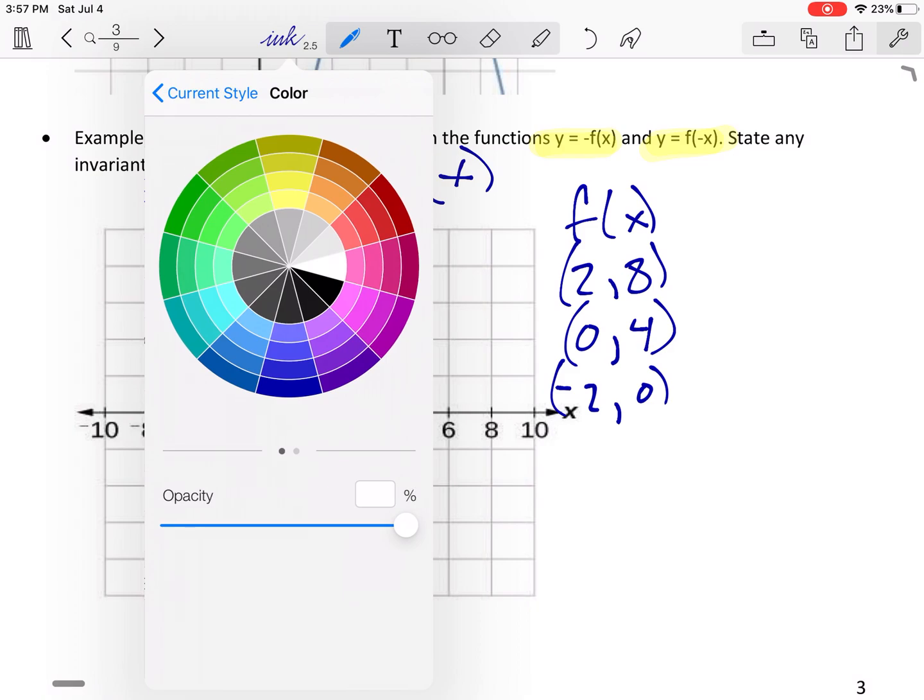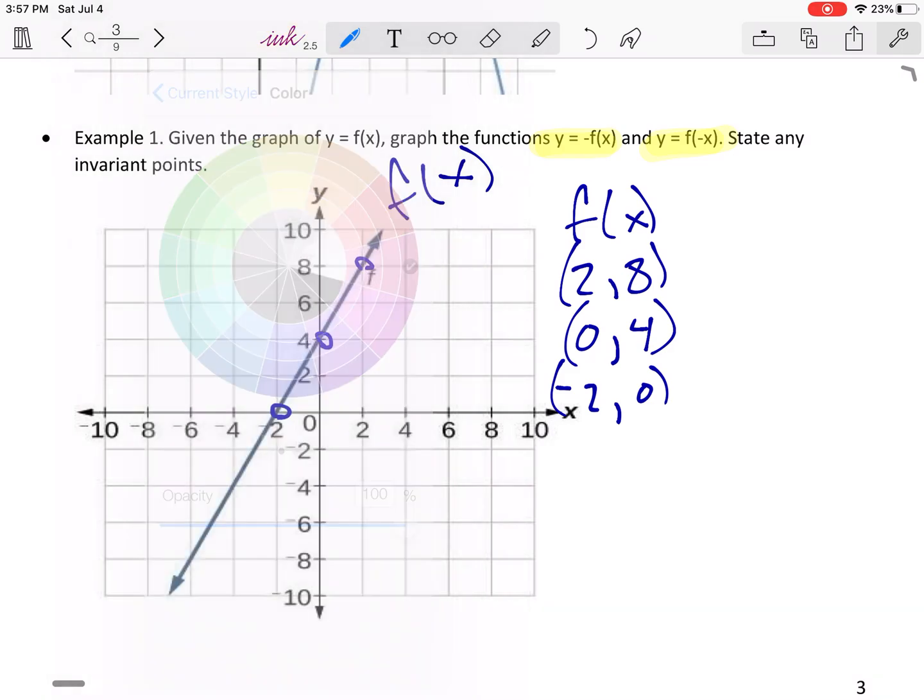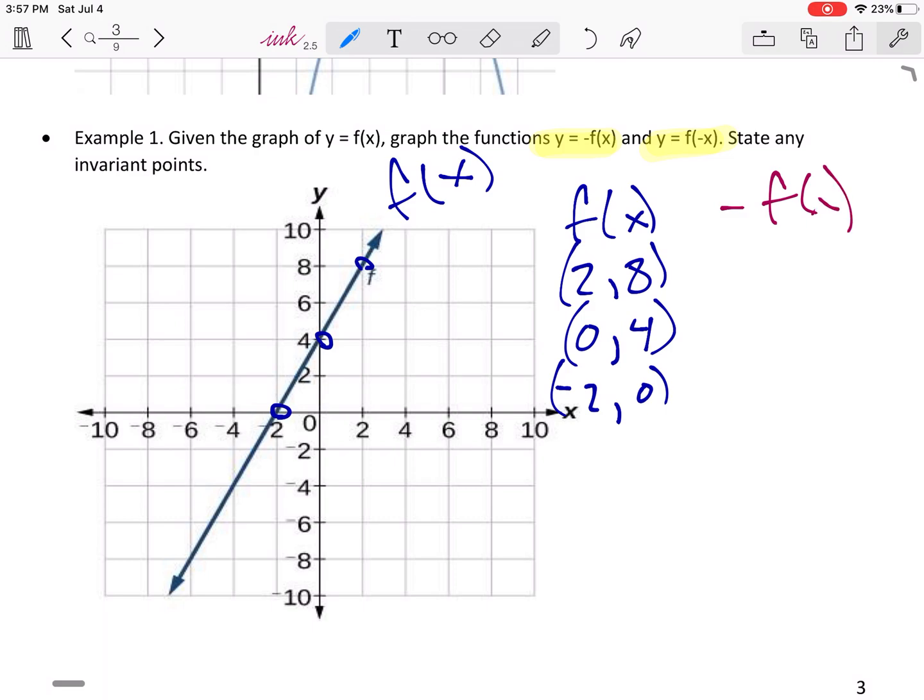Let me change colors here. Let's look at negative f(x). What this means is we're going to keep the x values the same: 2, 0, negative 2. And we're going to multiply the y value by negative 1.